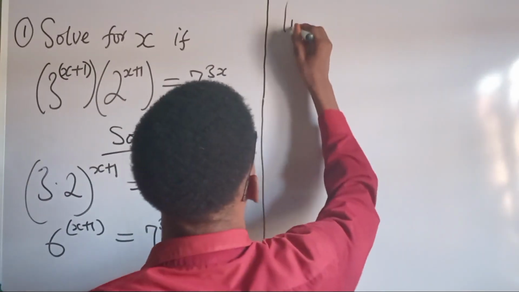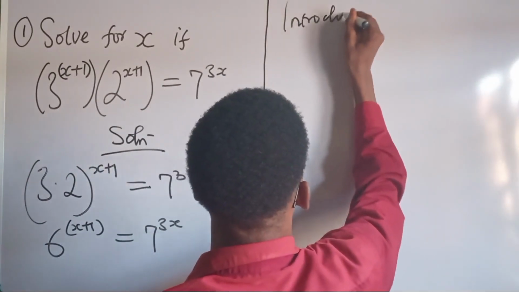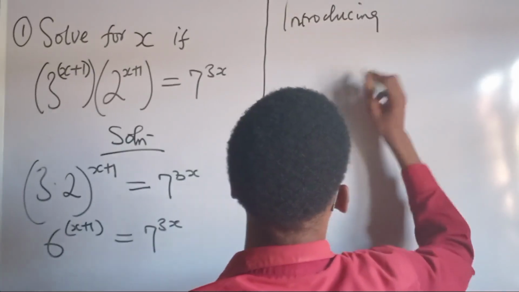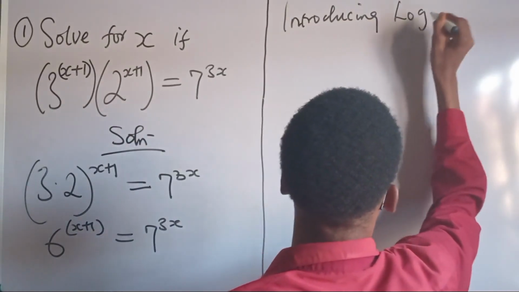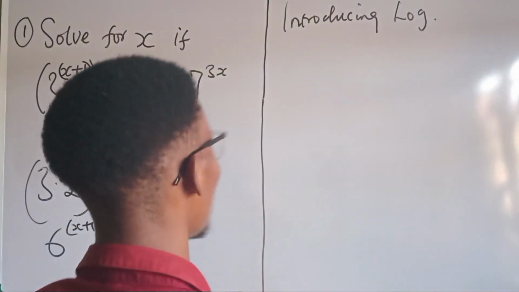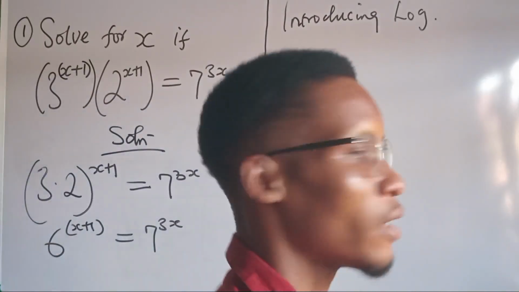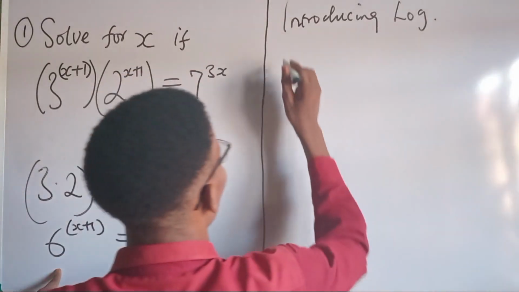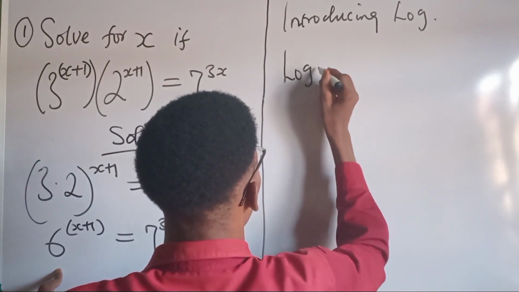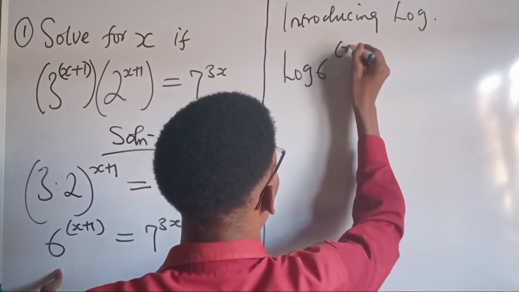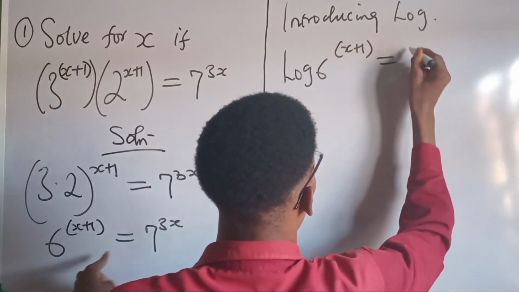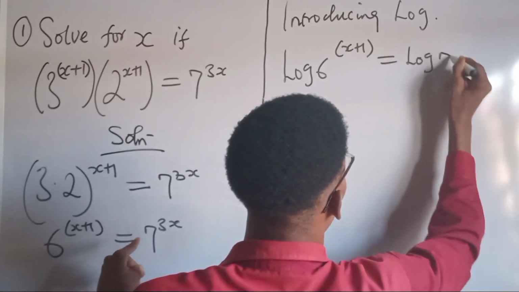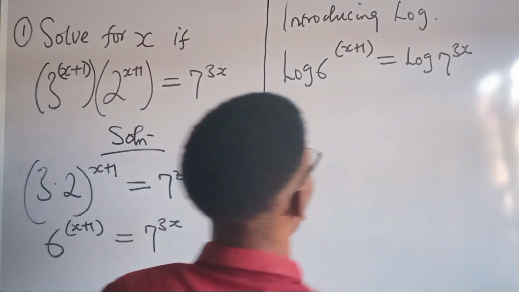So we can write: introducing log. We can now introduce log on both sides, and we're going to have log of 6 raised to power x plus 1 is equal to log of 7 raised to 3x.